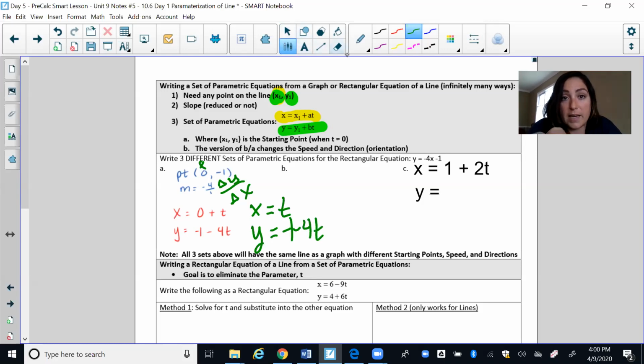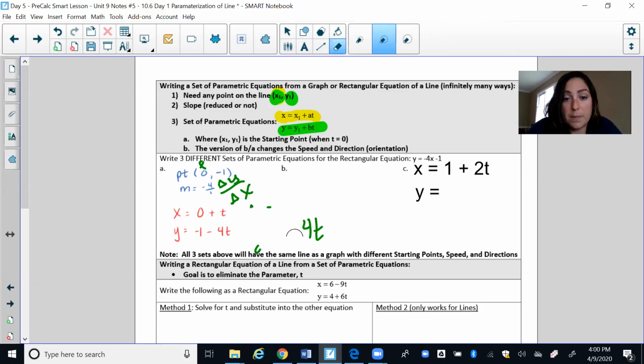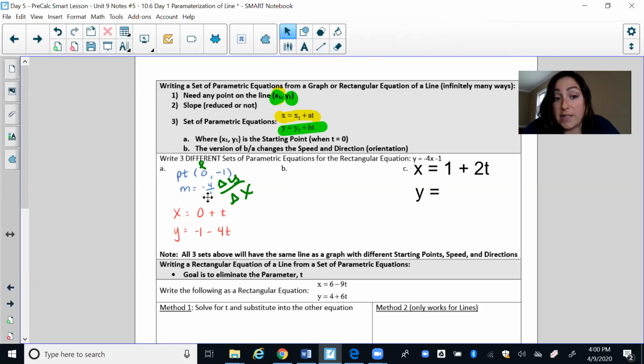All right, our second example. We can keep the same point, but instead of saying that we're increasing x by 1 and decreasing y by 4 every second, we can change the direction and say that we're increasing y by 4 but decreasing x by 1 every second.